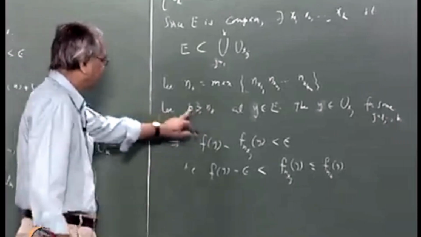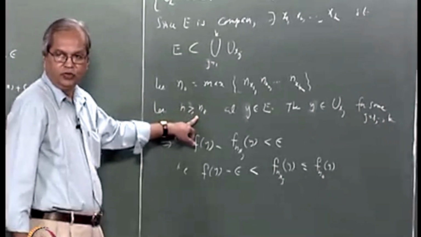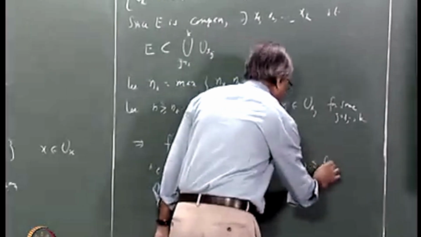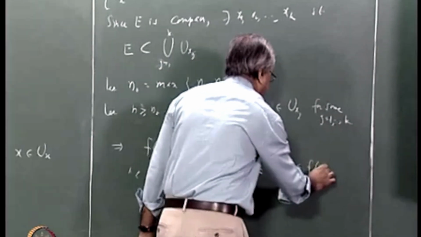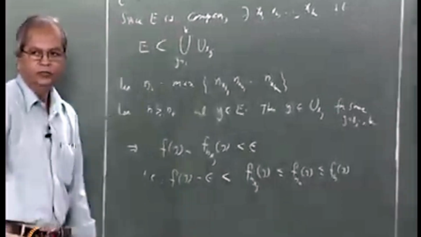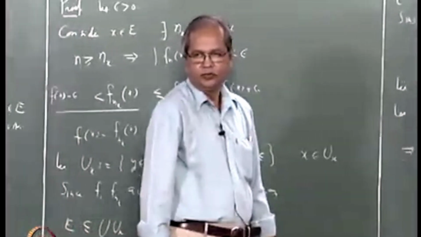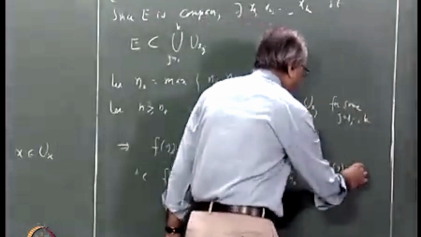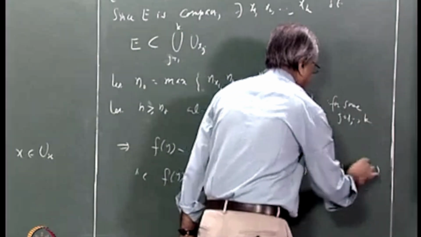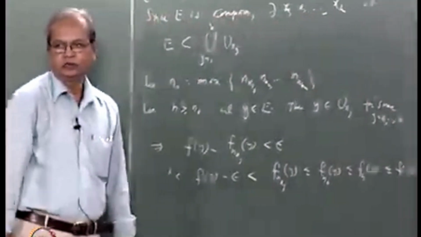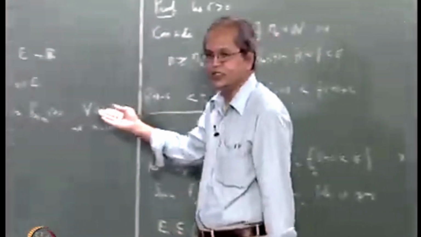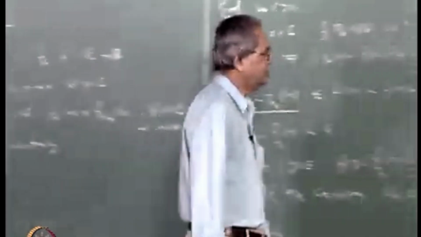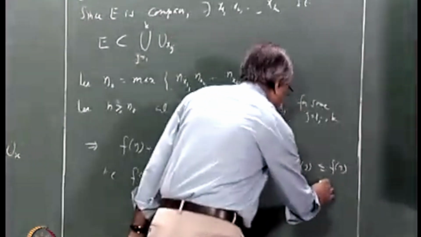And we are taking n bigger than or equal to n0, so f_{n0}(y) is less than or equal to f_n(y). Can we always say that whatever be y, f_n(y) is always less than or equal to f(y)? Yes, because it is a monotonically increasing sequence, and f(y) is the supremum of all of those f_n(y)'s, and obviously f(y) will be less than f(y) plus epsilon.